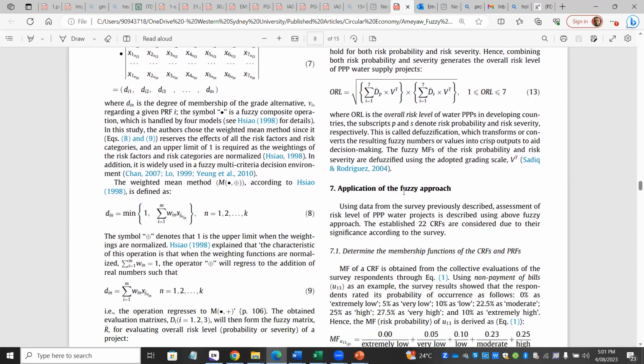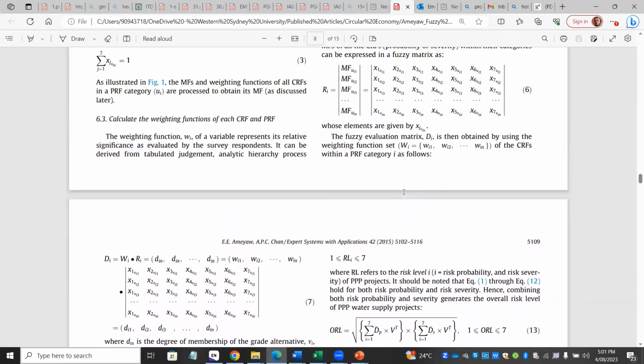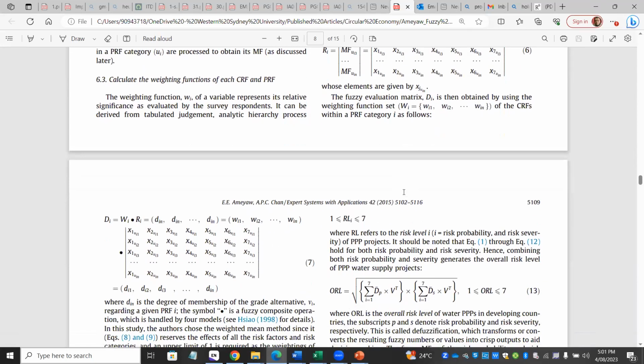At least if you are not able to show all these things and write exactly the same thing that these authors wrote, you must be able to explain each step in your fuzzy synthetic evaluation analysis. You must be able to do that.